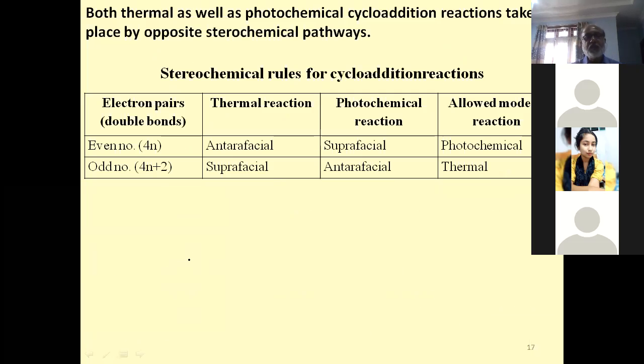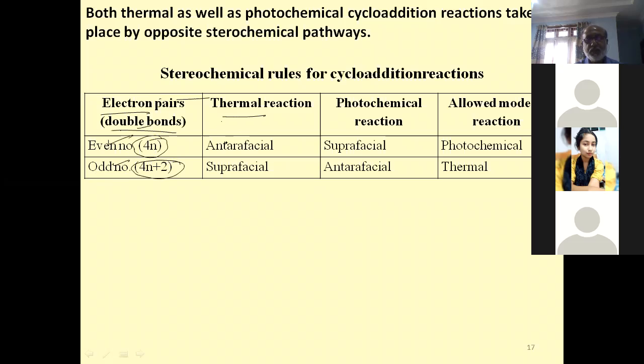This is the chart. Now you see that, under what condition, what will happen? The electron pairs means double bonds, not the total number of pi electrons. Electron pairs may be an even number or an odd number. If even, it becomes 4n, and if odd, it is 4n plus 2.